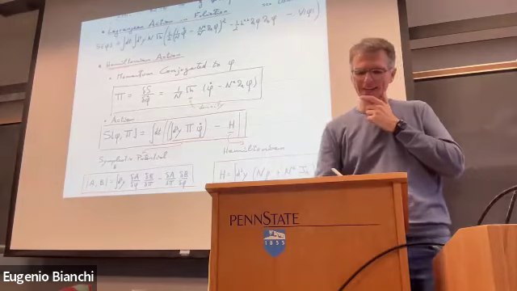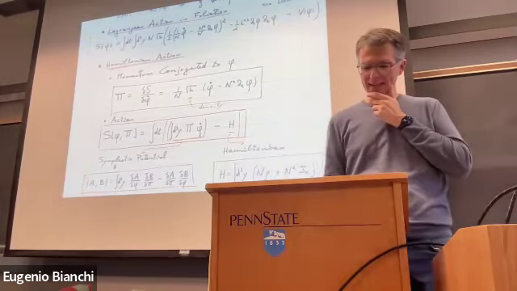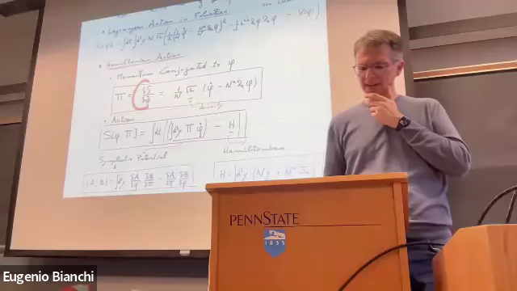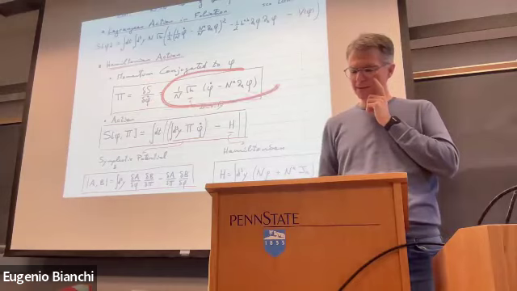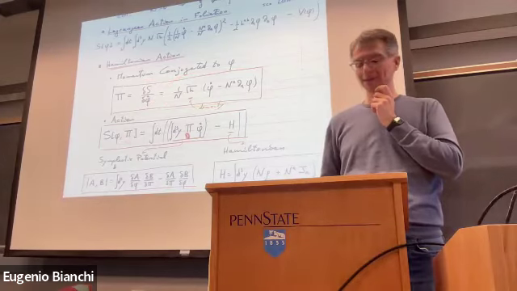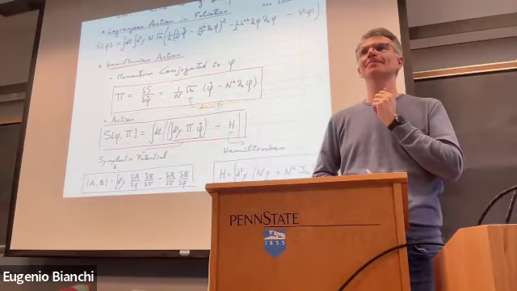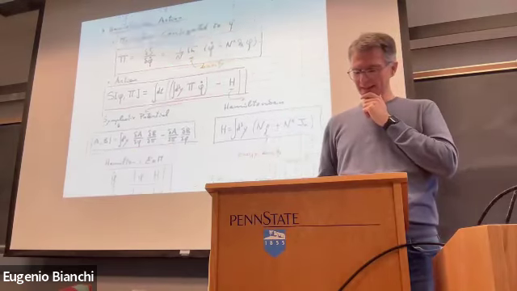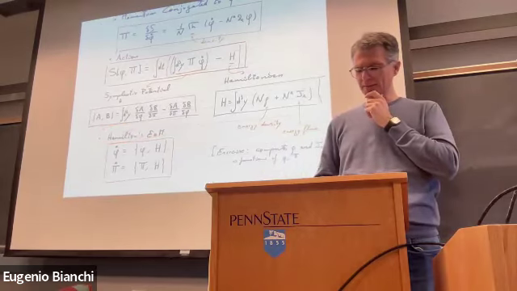Okay, so now that I have this one, how do I do the Hamiltonian? Well, I take my action, I vary with respect to the time derivative of the scalar field, and I get this quantity, and then I write my action as PQ dot minus whatever appears here, this is the Hamiltonian. And what are the equations of motion? Well, they're going to be Hamilton's equations.